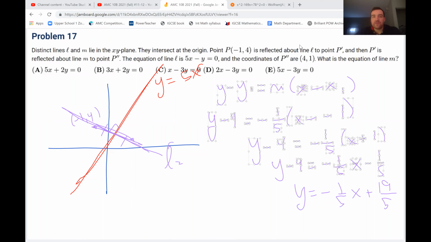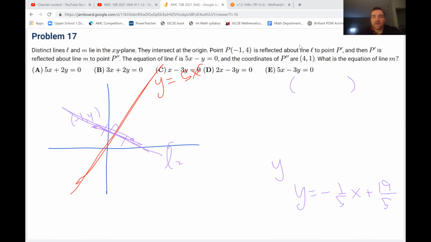So what we want to do is find the point where these 2 lines intersect, which will give us this intersection point here, which we'll treat as the midpoint.